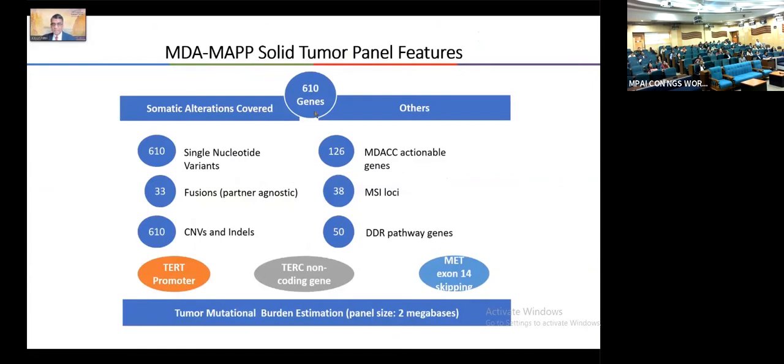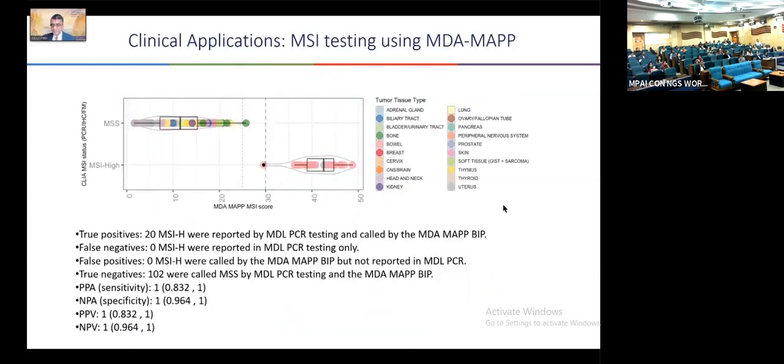So just showing an example of a 610 gene solid tumor panel, where we are able to perform a comprehensive assessment including MSI, tumor mutation burden, limited DNA based fusion. So more applications are coming out along with more targets.